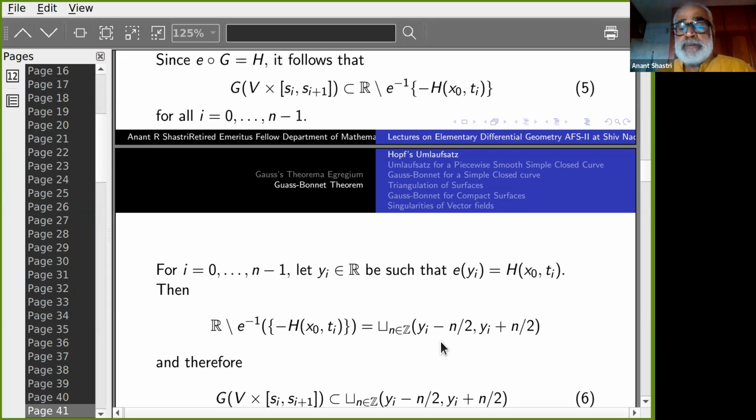All these intervals, as a disjoint union as n ranges over all integers, give the picture for R minus E inverse of this point. So the right hand side looks like this, and G of this is contained inside it. That is the statement here.